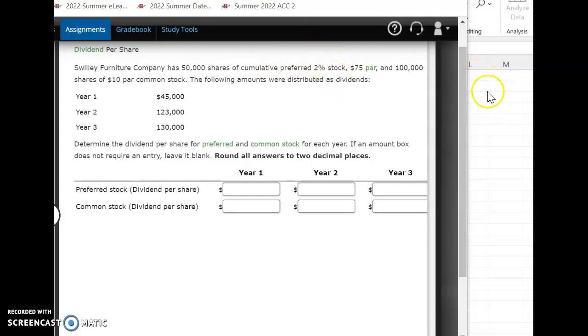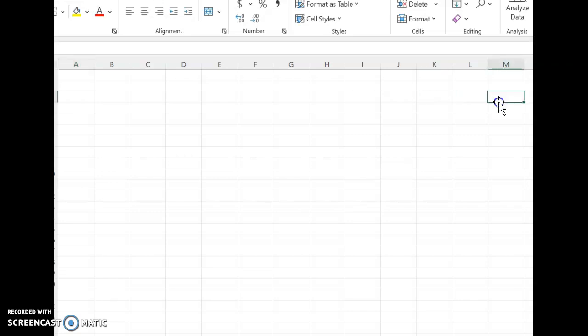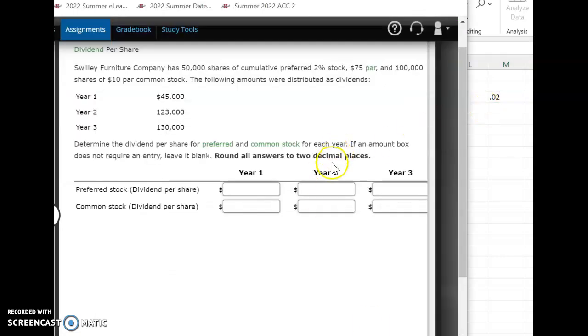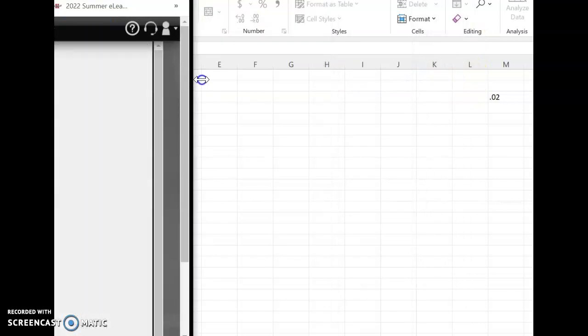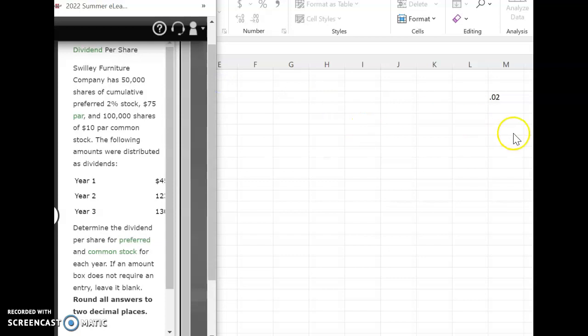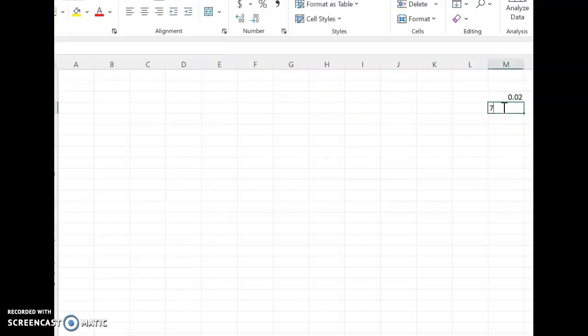So it says 2%, so 0.02, and then $75 par. Okay, so we said 75.